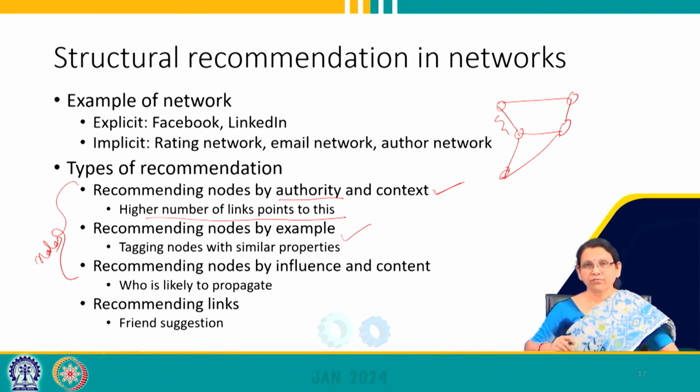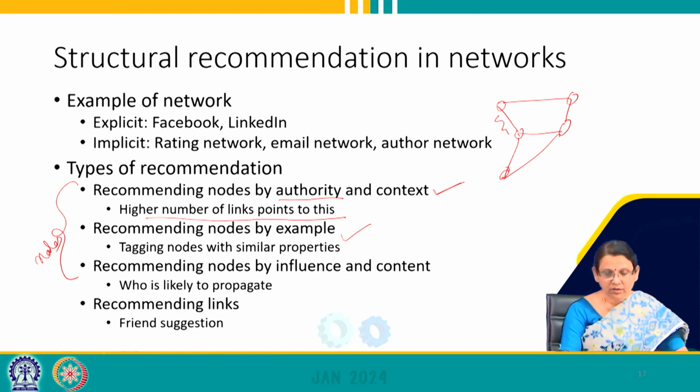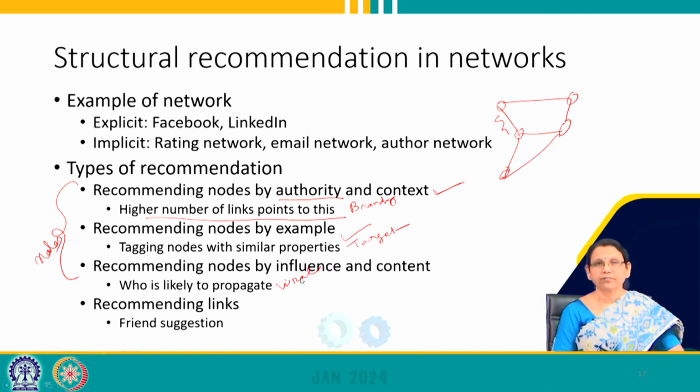So, if you want to make something viral, they can be used for this purpose. So, here we used it for branding, here we targeted some user, and here we tried making some content viral.